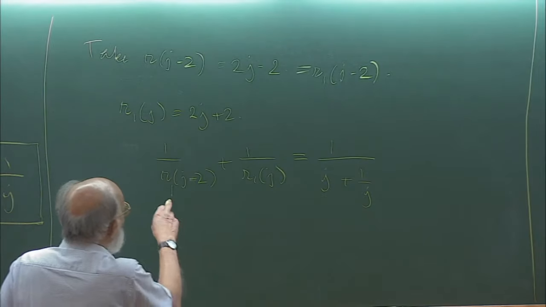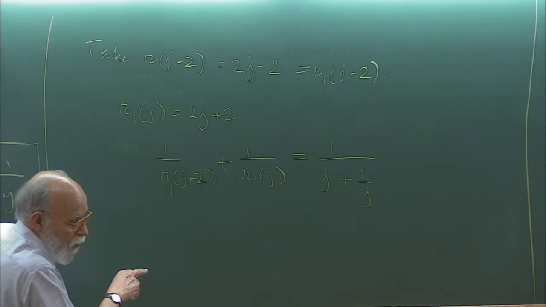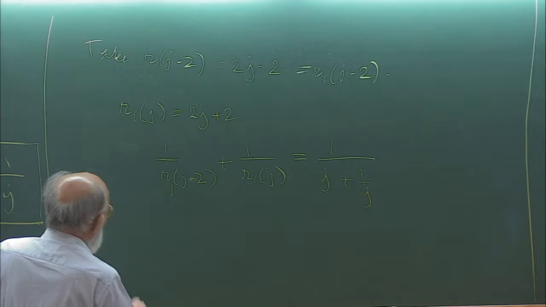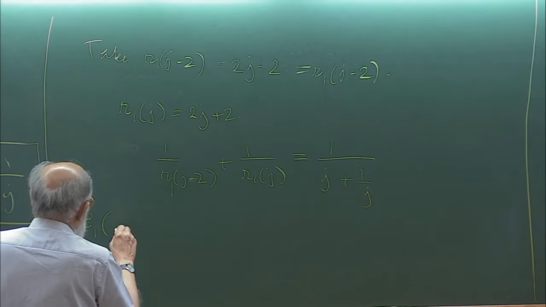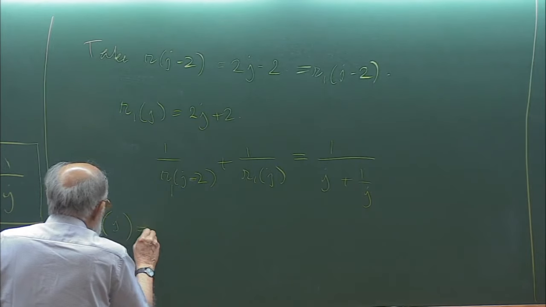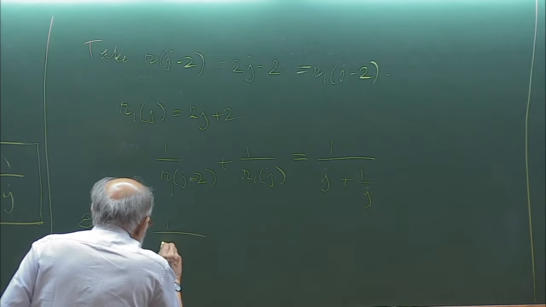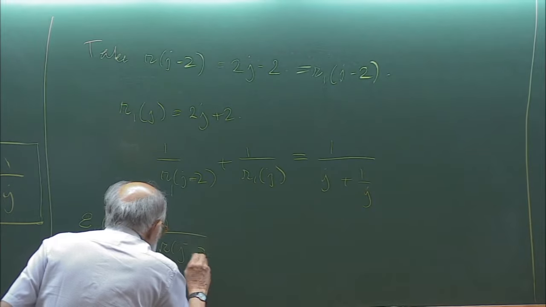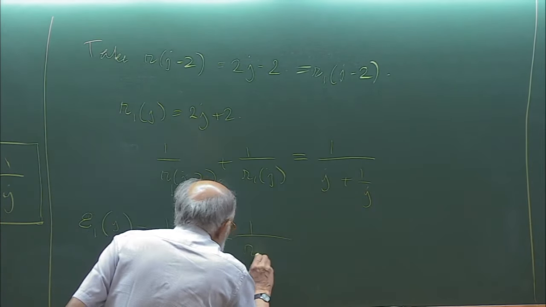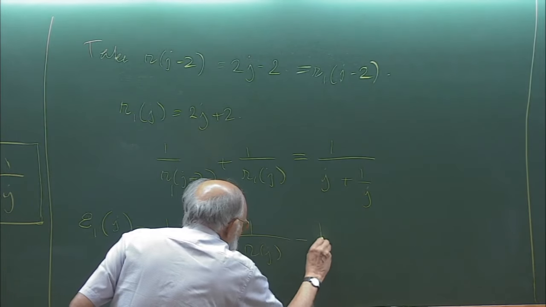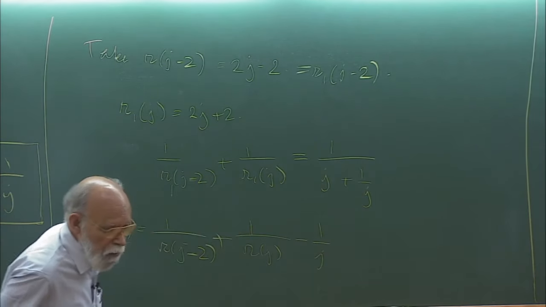Or if you compute the error in R as a result of this approximation, I'll call the error epsilon j, which is 1 over R j minus 2 plus 1 over Rj minus the exact value 1 over j.